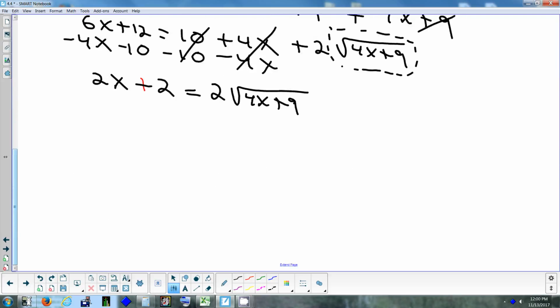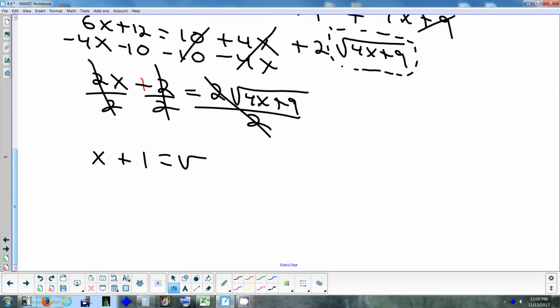There's one more thing we have to move, that 2, and how do we get rid of that? Divide everything by 2. So we're left with x plus 1 equals square root of 4x plus 9. Now we have the root by itself, and it's a lot simpler than what we started with.